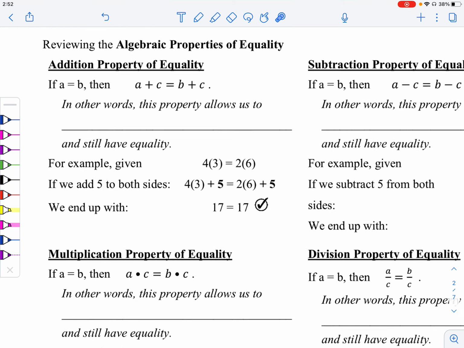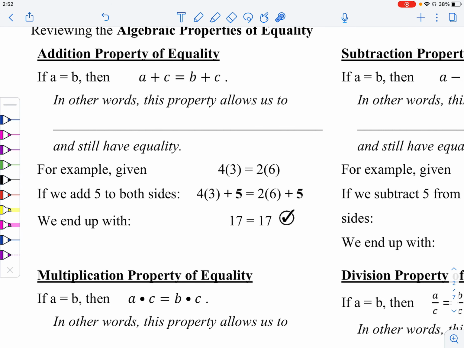Okay, so the addition property of equality says if we add a number to both sides of our equation, it will still be equal. In other words, this property allows us to add a value to both sides. That's important. It has to be both sides in order for it to still have equality, as they call it.